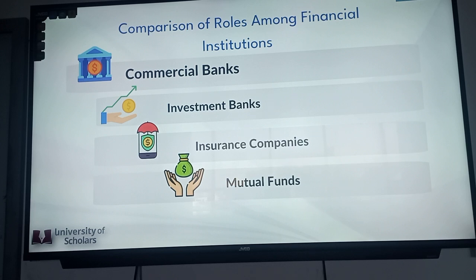So we can compare commercial banks, which usually serve retail customers, whereas investment banks focus on institutional and corporate clients. Insurance companies specialize in risk mitigation, while mutual funds and hedge funds aim for asset growth. On the other hand, regulatory oversight varies significantly, with commercial banks being subject to the most stringent regulations due to their role in the economy.